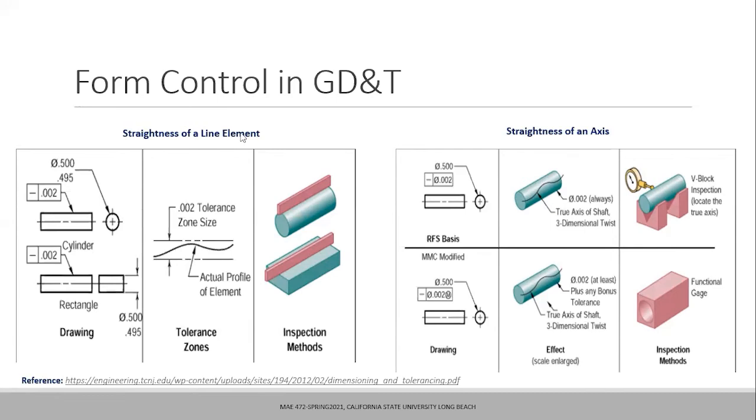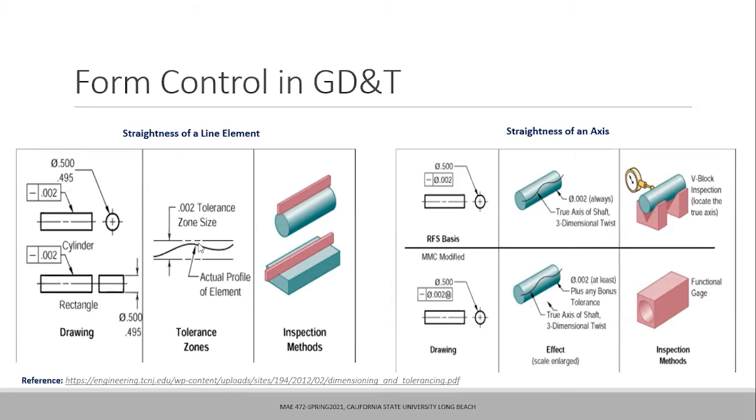If you are talking about straightness of a line element, just the one that we were seeing in the earlier slide, if you are controlling the straightness of this circular pin on this drawing, it basically means you are using a straight, flat plate as an inspection gauge plate, and you are measuring the deviation from straightness along the entire line of this curvature.